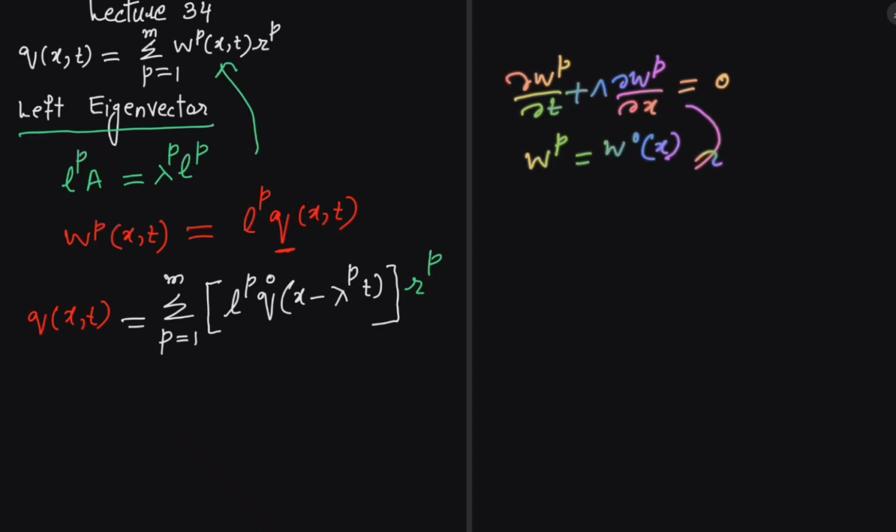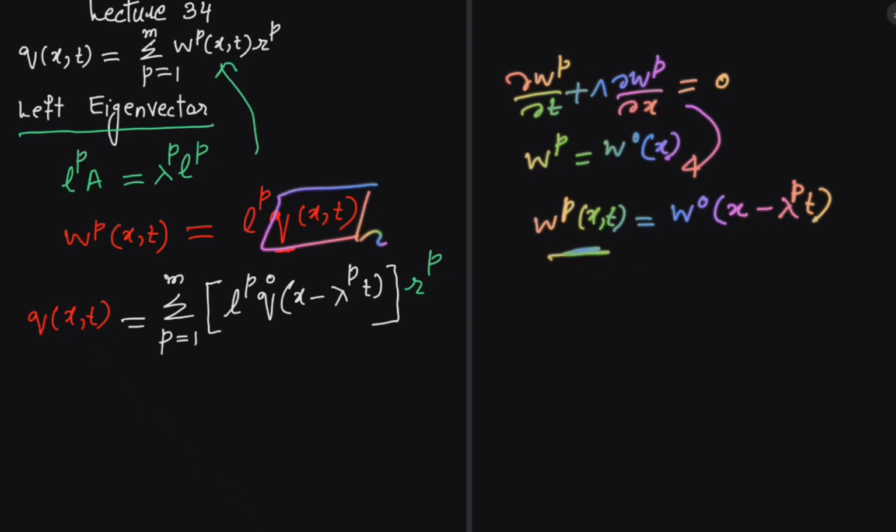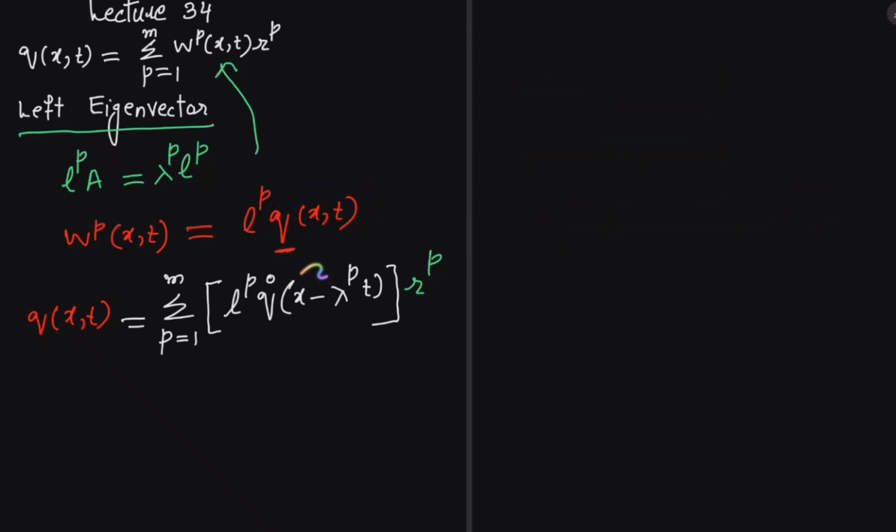When it is written in scalar form, that solution w_p(x,t) will be equal to w_0(x − λ_p t), and we know that w has some relation with q. So what we do, we simply put the value of q over here. Okay, that's what we have over here.